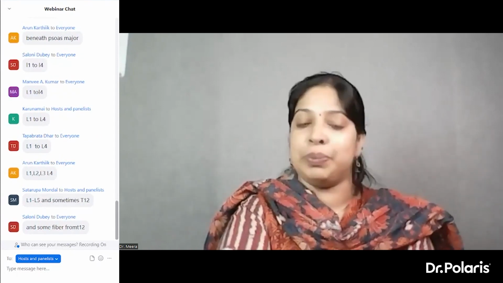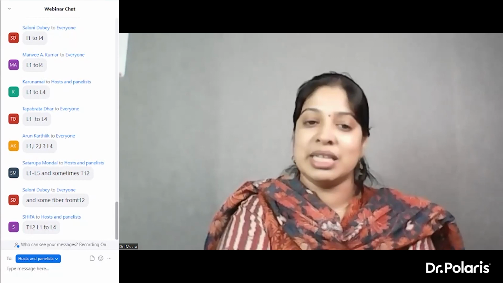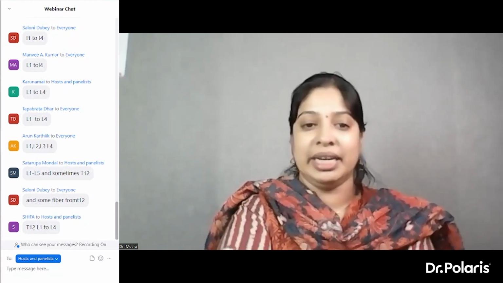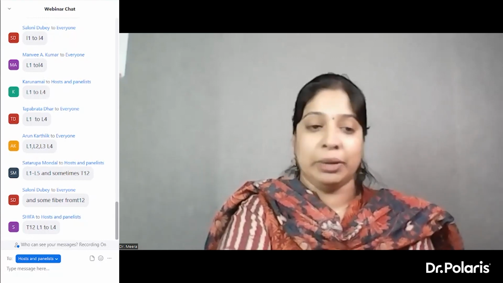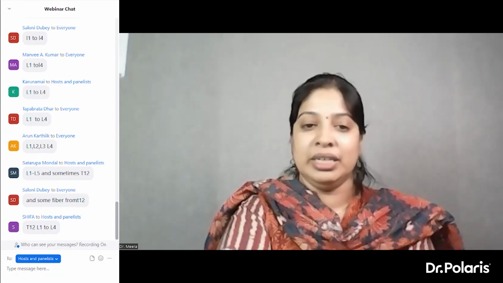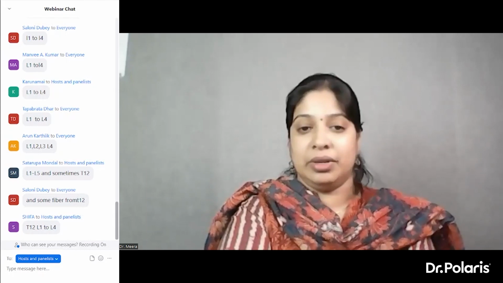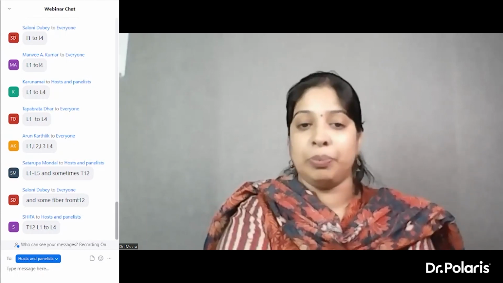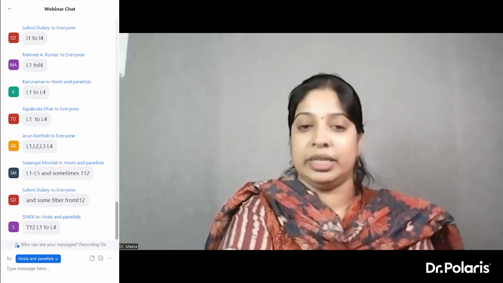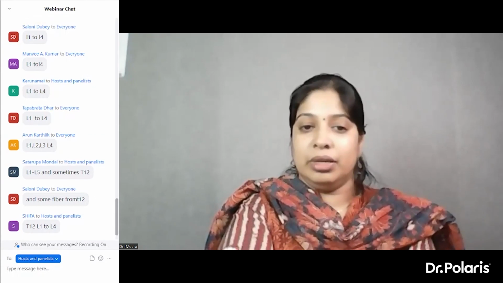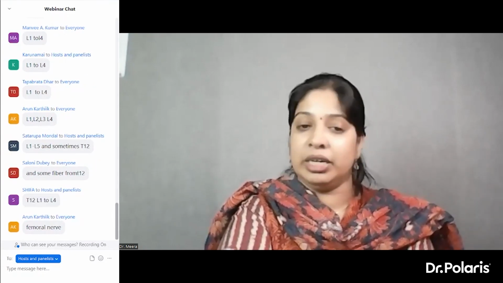Now then we have the branches. Which are the branches emerging from the lateral side? Can anybody list out? You can unmute and talk. Lateral to the psoas major, we had 4 nerves, in any order. Yes, femoral nerve.